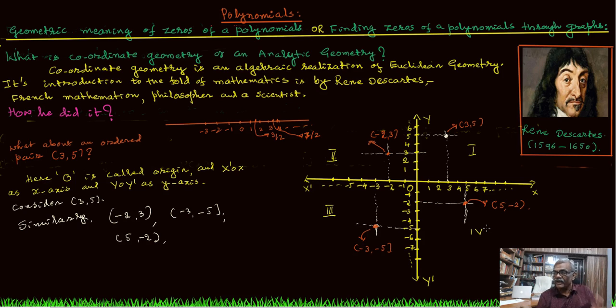So the whole plane has been divided into 4 parts. The first part, the first quadrant, is only positive, where both numbers of the ordered pair are positive.